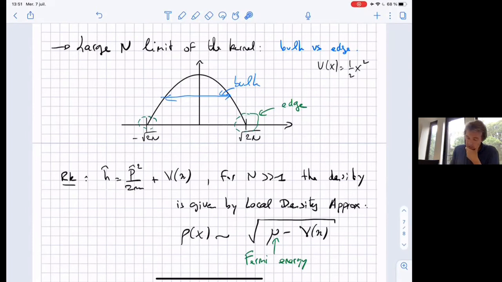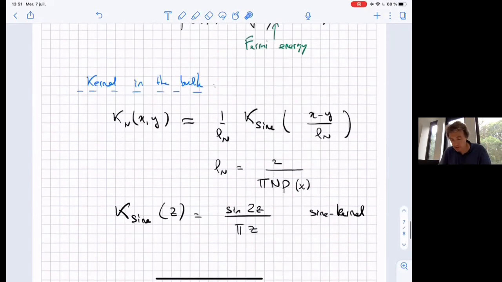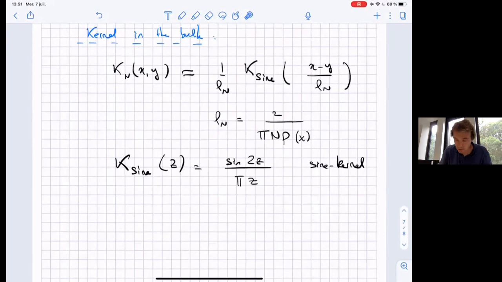Now let's see what happens at the edge. The edge, of course, is supposed to be quite different. Here you see that there is immediately a problem in this formula because at the edge, rho of x becomes 0, so this formula cannot hold, obviously. At least l_N becomes very pathological.